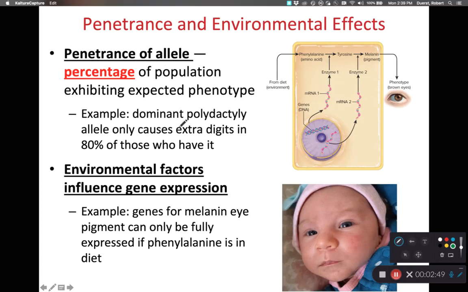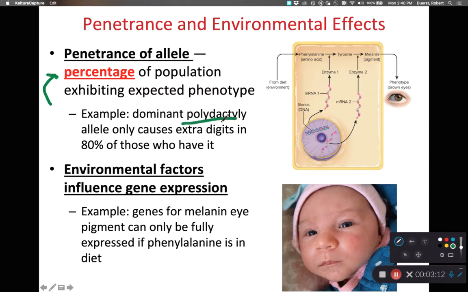Another instance we need to talk about is the penetrance of the allele. Just because you inherit the genotype doesn't mean you automatically get the phenotype. The percentage of the population that gets the phenotype you would expect is known as the penetrance.